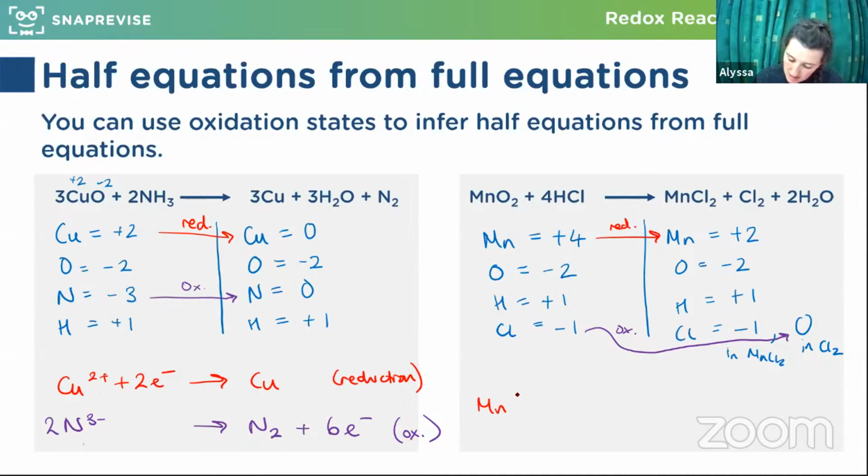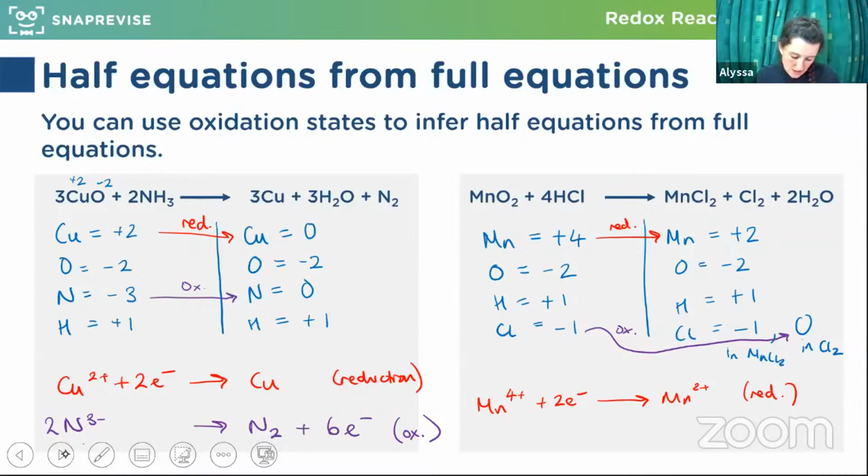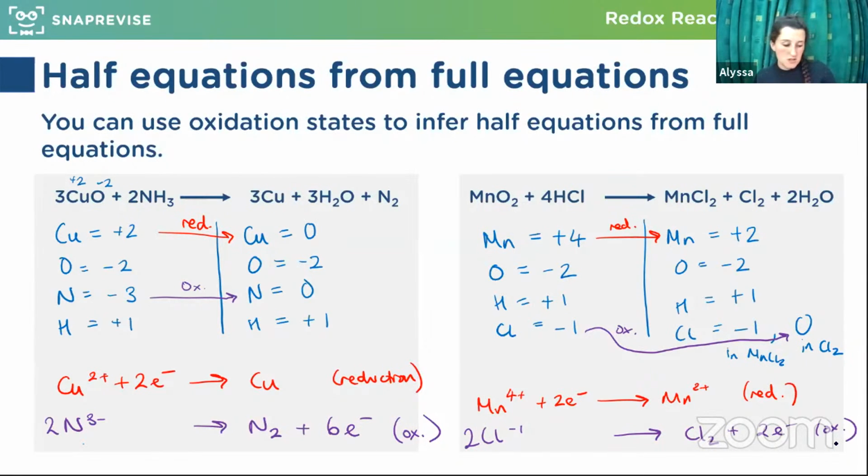Manganese has gone from Mn4+, or +4, and it has gained 2 electrons to make Mn2+. And our chlorine has gone from Cl- to Cl2, and because it's Cl2, it needs 2 of them, and that means it must have lost 2 electrons. So it's been oxidized.